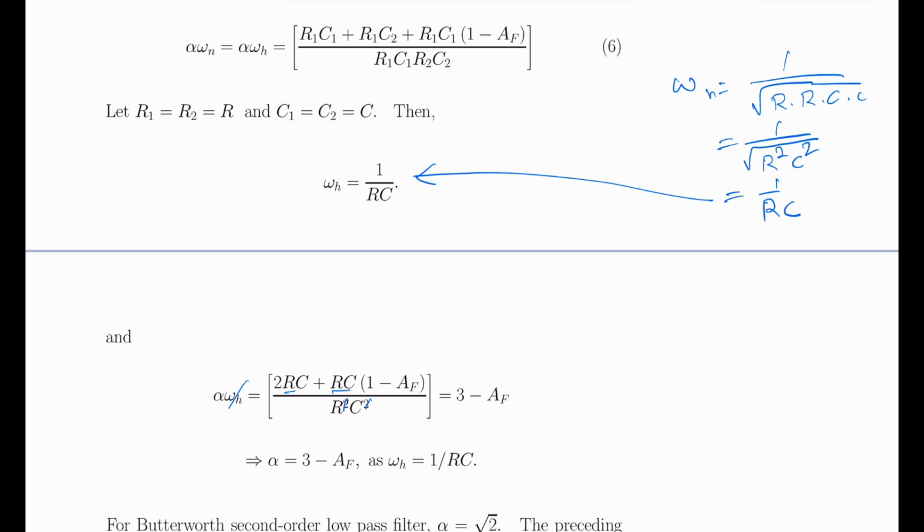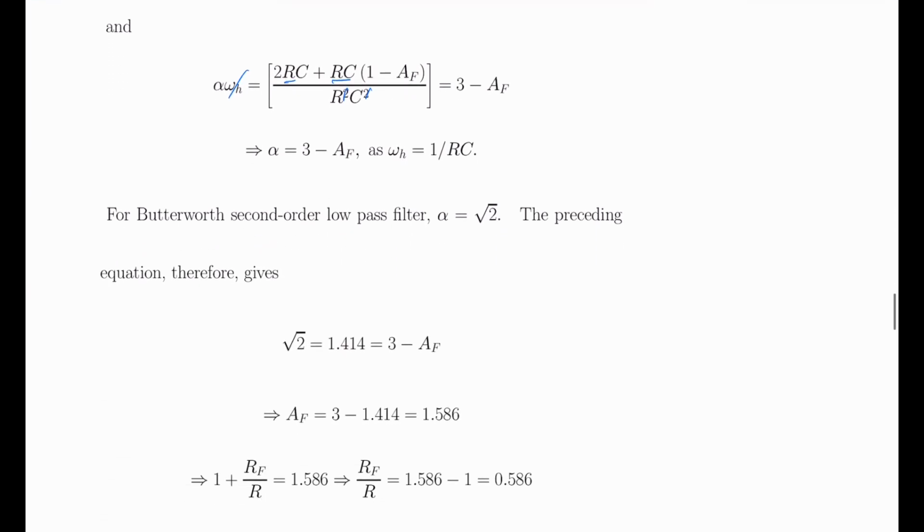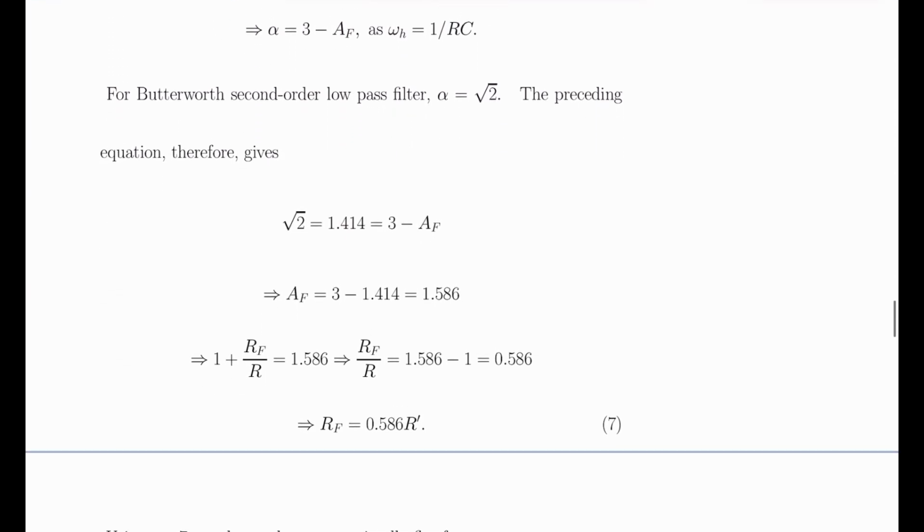For the Butterworth second order low pass filter, alpha is root over 2, and therefore the preceding equation gives alpha equal to root over 2. Let me write it here: alpha is root over 2. This is 1.414.